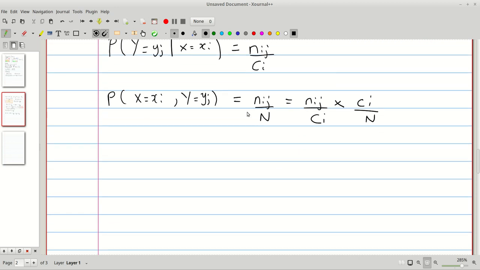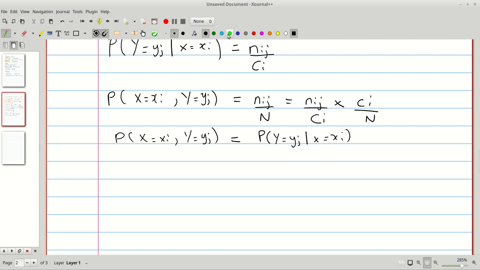So we can rewrite it as this, which means the probability that x equals xi, comma, y equals yj is equal to the probability that y equals yj given x equals xi. This term here is the same as this term here.